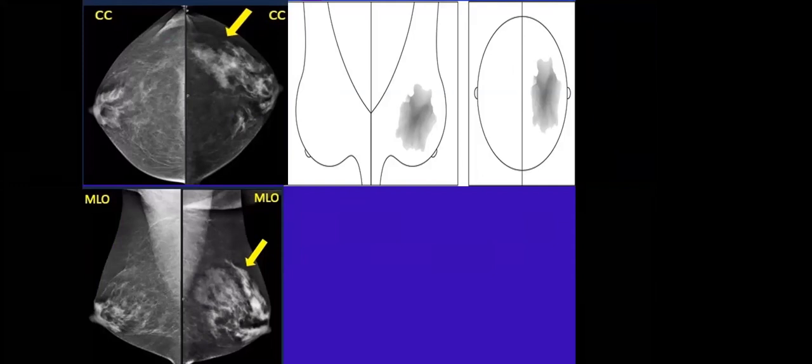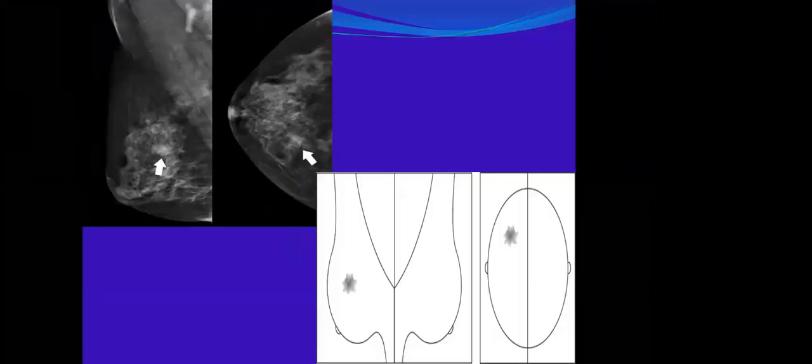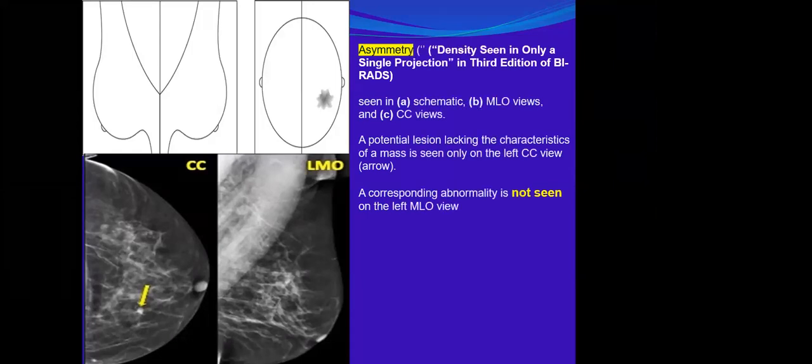So here we are dealing with, what is the appearance of this, representing what? Which type? Global, excellent. Yes, this is global asymmetry. And this one, focal, excellent. Okay, and this one? Asymmetry. This is asymmetry since it is seen on CC, and was not seen in the MLO.